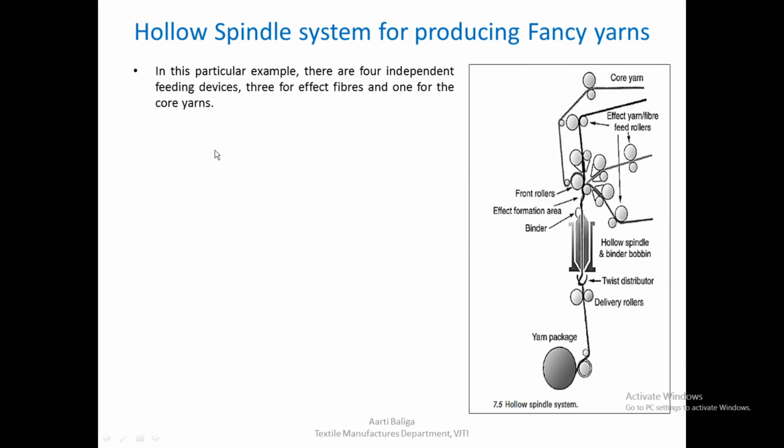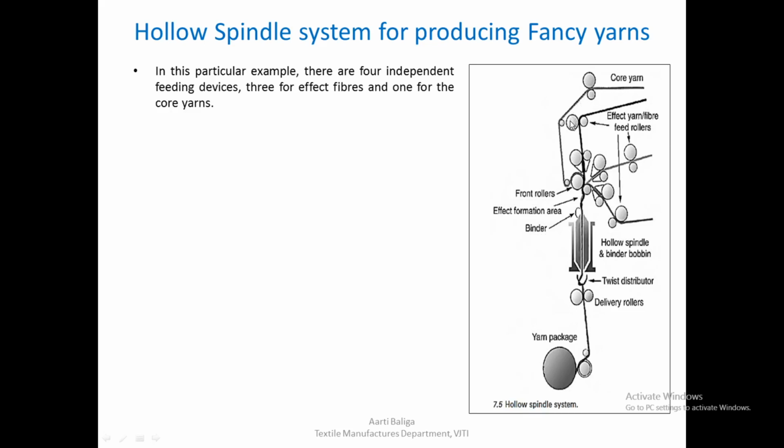If you recollect the hollow spindle system from our earlier lecture, this is your hollow spindle and a binder bobbin. The binder yarn is mounted on the hollow spindle, and in this example there are 4 independent feeding devices, 3 for effect and 1 for core. So let us trace this.